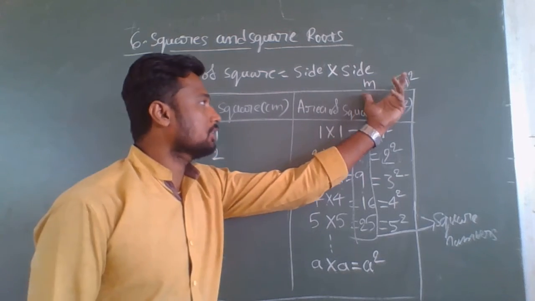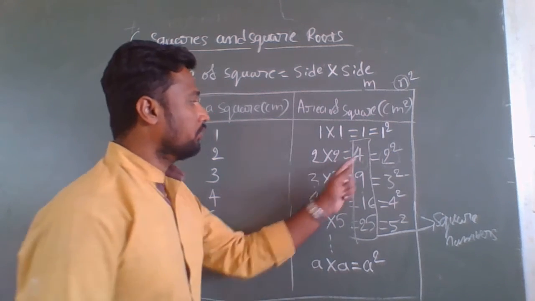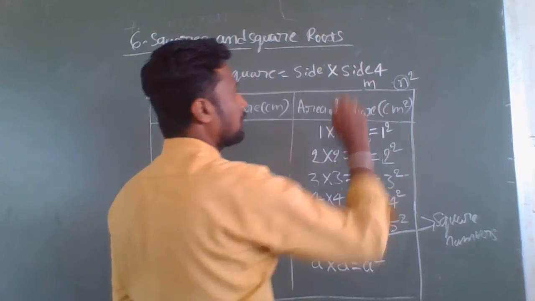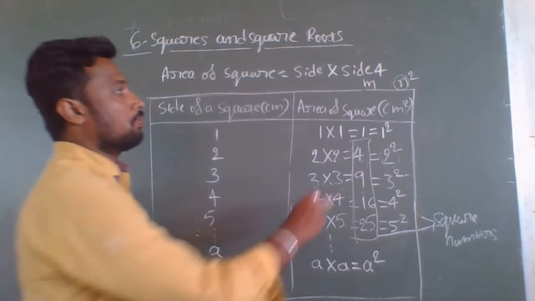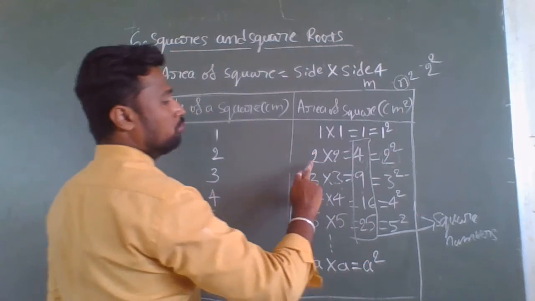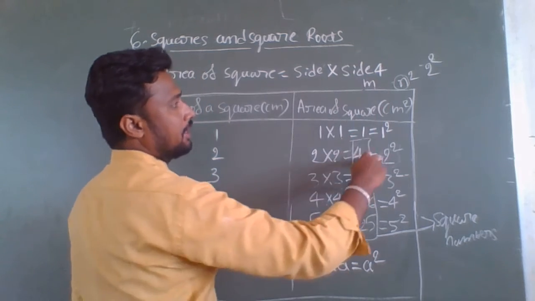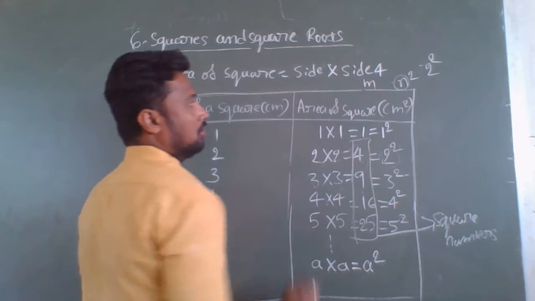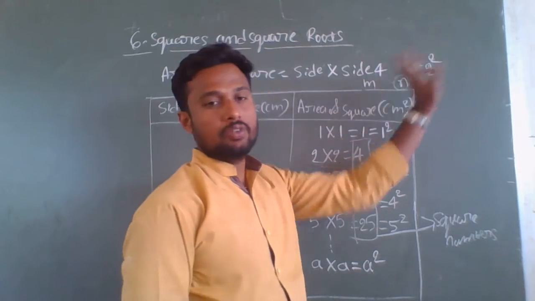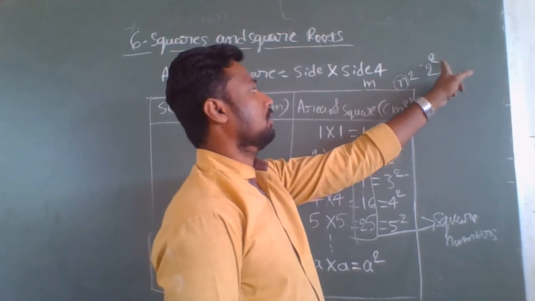For example, consider m value as 4. Where this 4 can be represented in the form of 2 square. So now m value is 4, and n value is 2. You know that 2 square means we should multiply 2 two times.